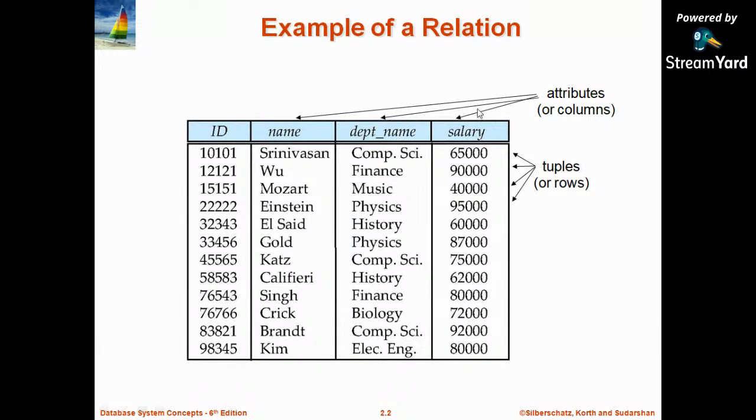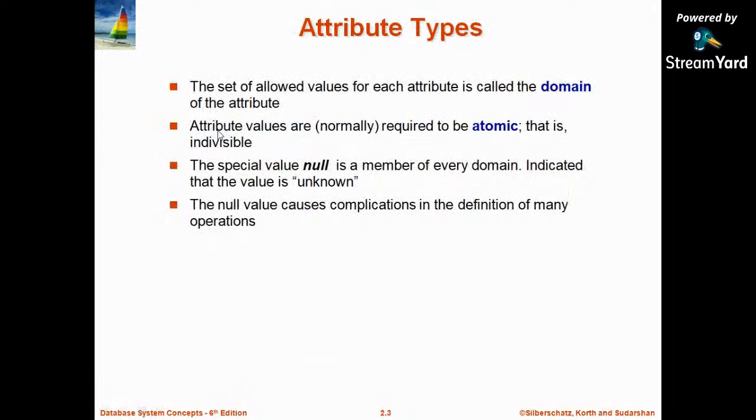Whatever the possible integer numbers are is the domain of salary. So for every attribute you have to associate a domain. It will take the values from the domain. So you can say that some of the values you have taken from the entire domain of ID. So we have seen what a domain is.